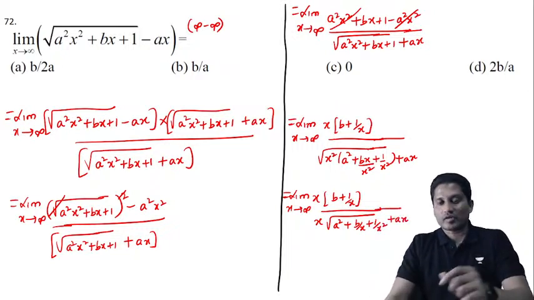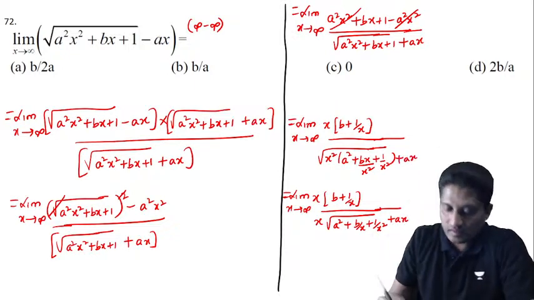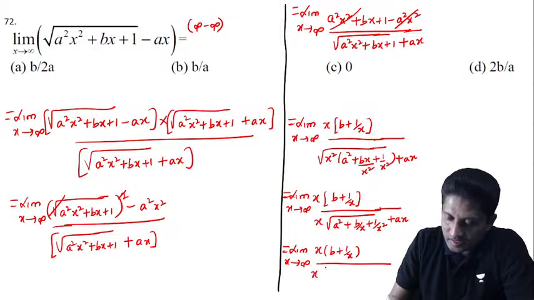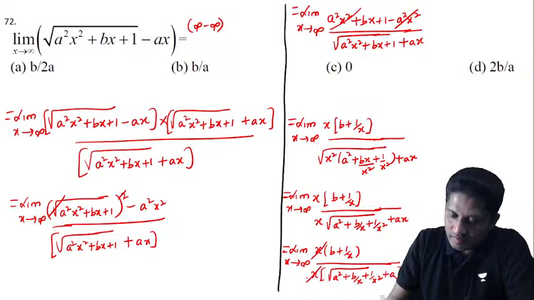You take x common and cancel that x. This is limit x tending to infinity of x into (b plus 1 upon x), whole divided by, taking x completely out, x into (root of a square plus b by x plus 1 by x square plus a). This x will cancel with x.